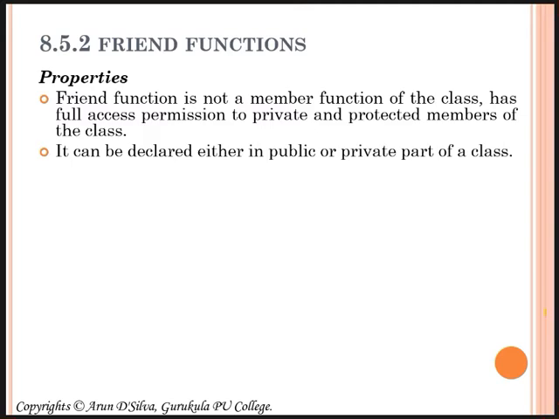As I just told you, a friend is not a normal member of that class. He is just an outsider. Just like you people have friends from other colleges, right? They are not students of Gurukula, but they are friends. They can take notes of Gurukula. They can access all those. Even though it's private, through you people they can access. That is what it is.